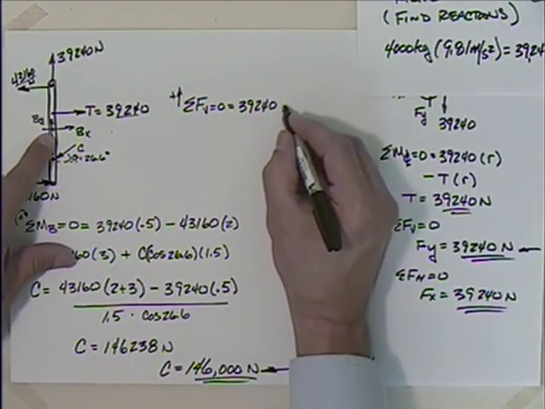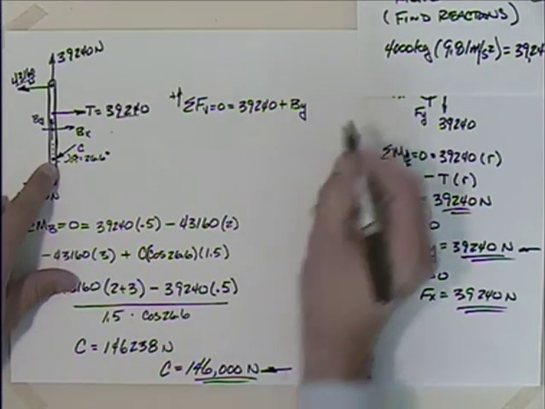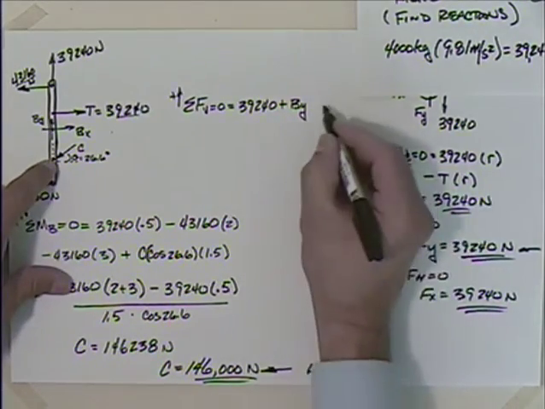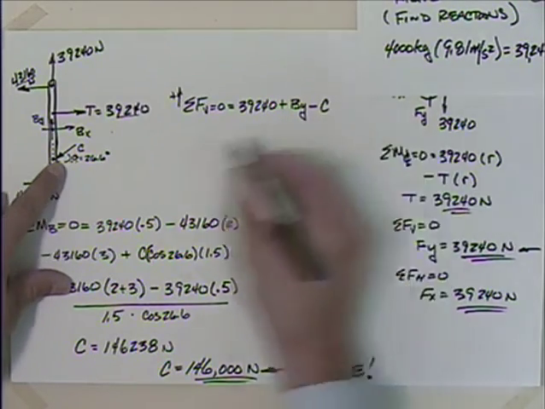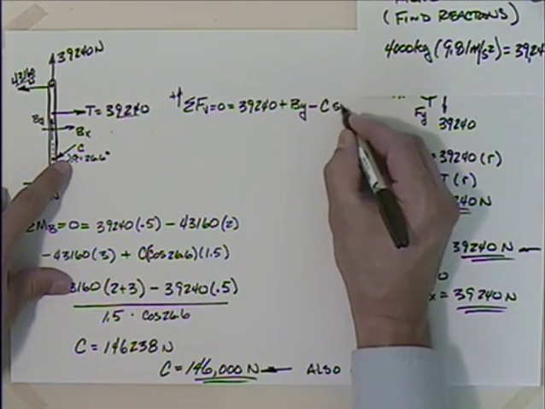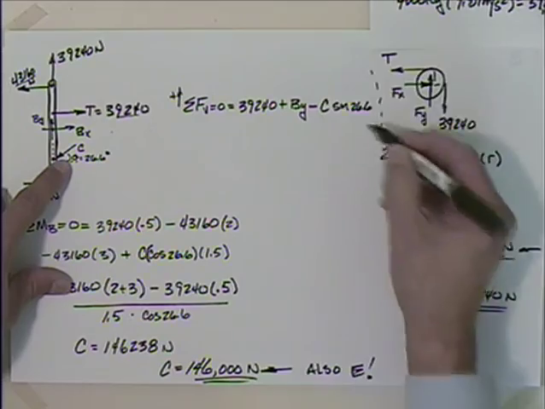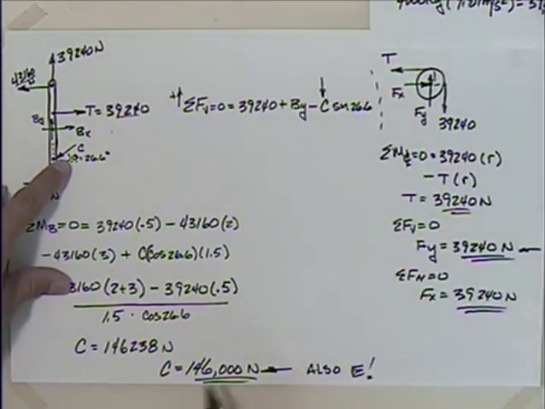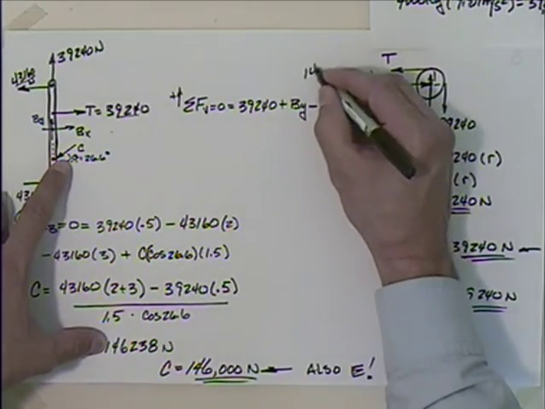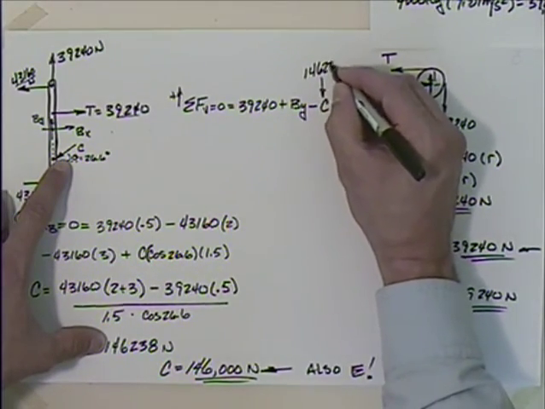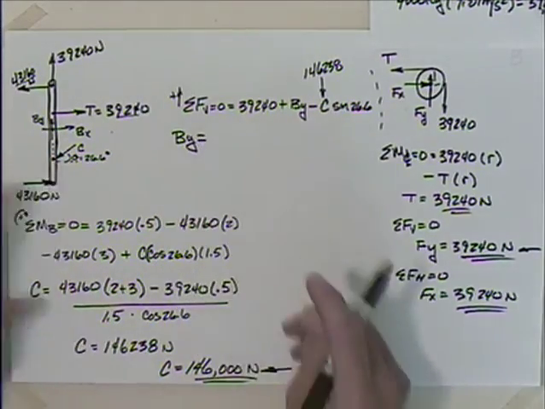That's going up, plus By minus C times the what, sine of 26.6. So I can plug in, and it's up to you whether you plug in this number. I'd probably put that one in so we don't have quite as much round off. 146,238.